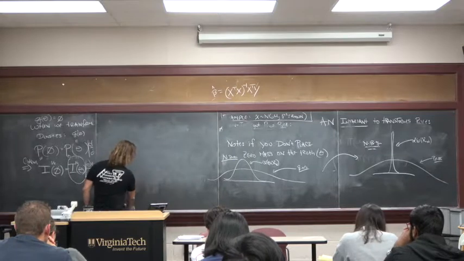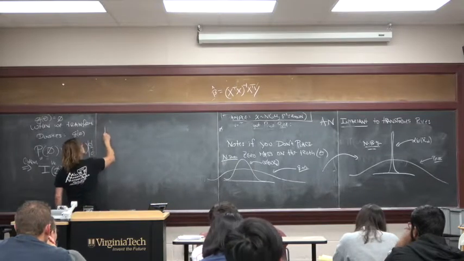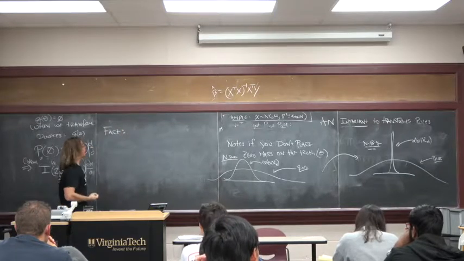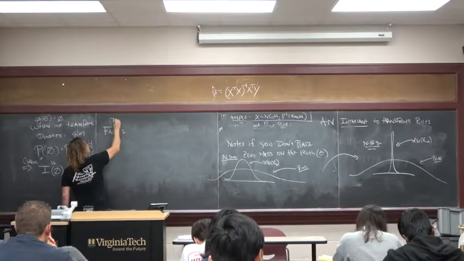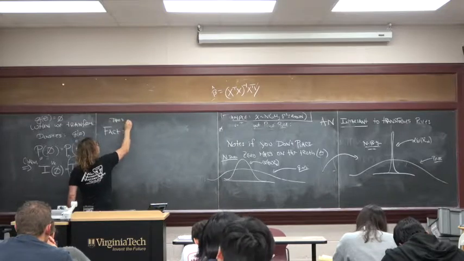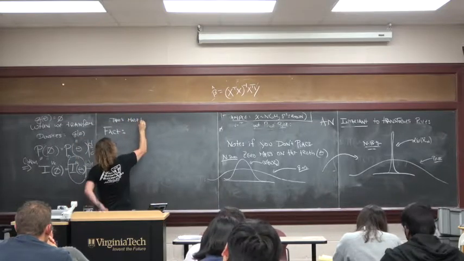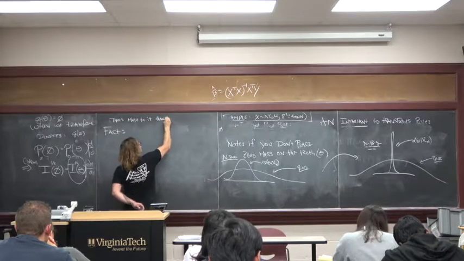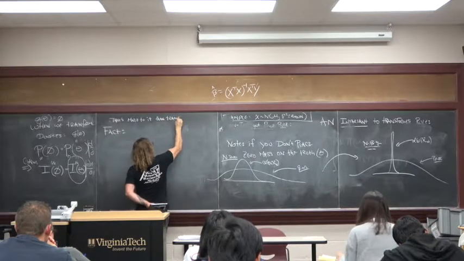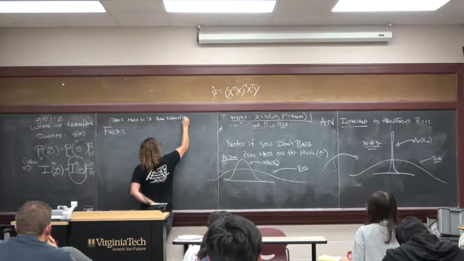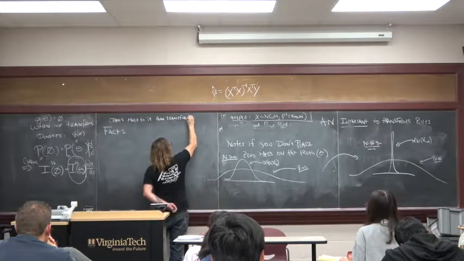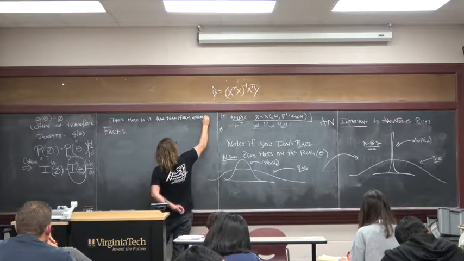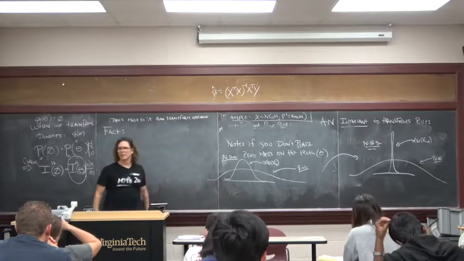So let me just state a fact. This is just kind of pointing out there's more to it than transform invariance. In this case, of Jeffrey's prior?